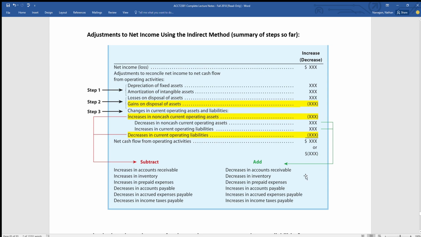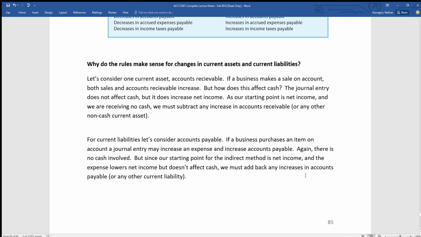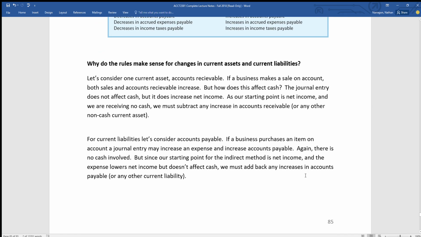So with that being said, this is basically a why. Why do these rules make sense for changes in current assets and current liabilities? Even though I did try and explain it again, this right here really does start the why. If a business makes a sale on account, both sales and accounts receivable increase, but it does not affect cash.